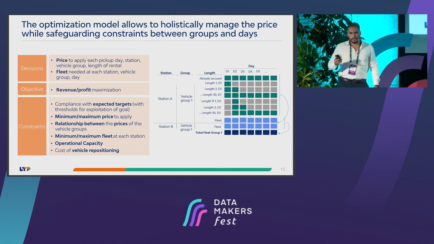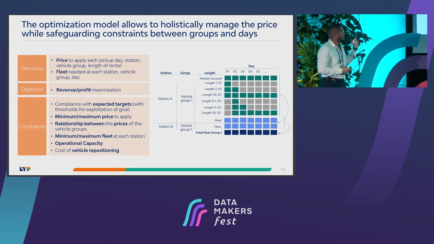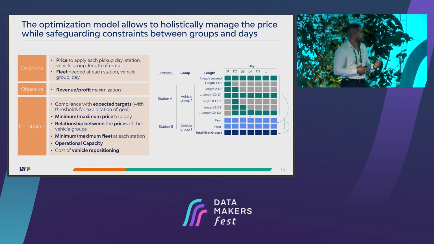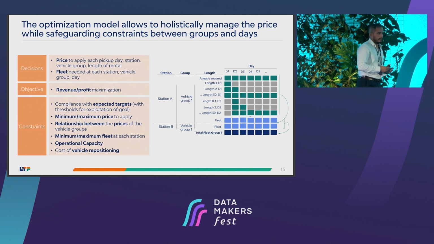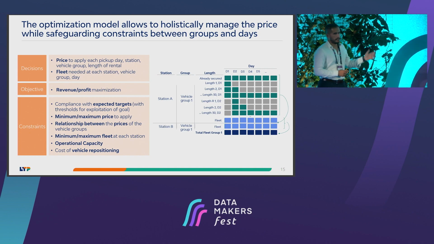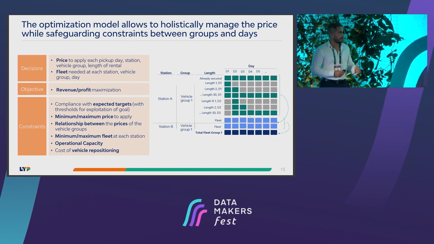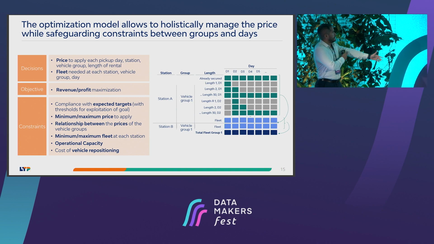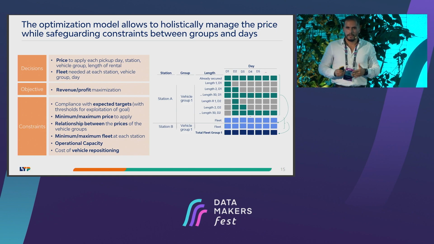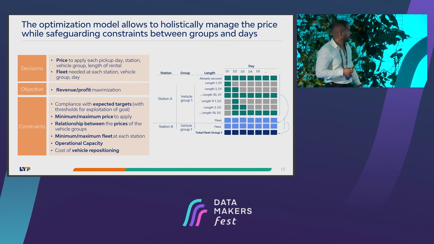So we have two different decisions. We have one objective function, which is maximizing the profit, revenue minus costs. And this is not a simple problem, because at the end of the day, we have a lot of constraints. First, we have targets that we need to meet at each station. We have a minimum and a maximum price that we need to comply with. These are operational restrictions. We have the relations between prices.